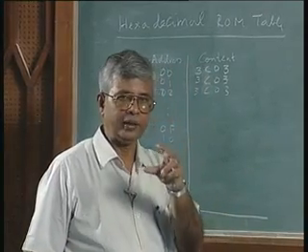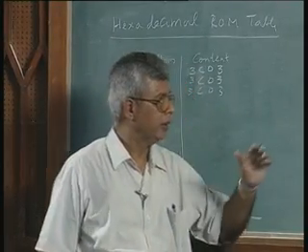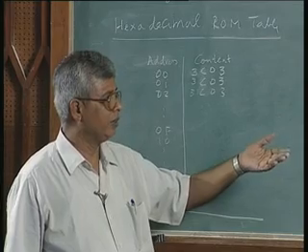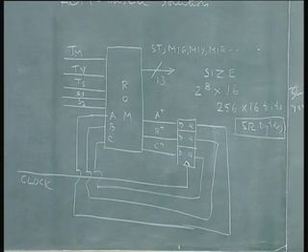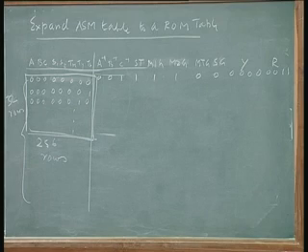So, in a single device, all I need is to look for a device with 5 plus 3, 8 inputs. So, the PAL approach. We have seen the design of PAL earlier, so I am not going to spend time on it.